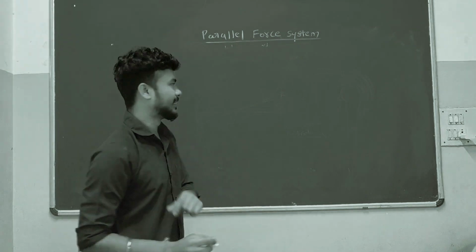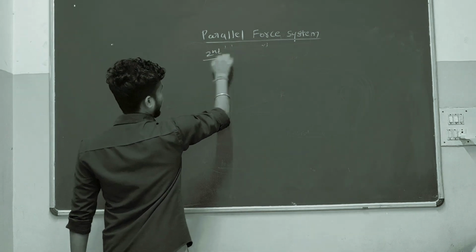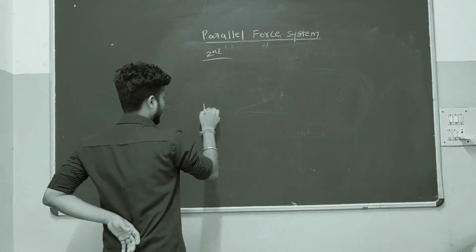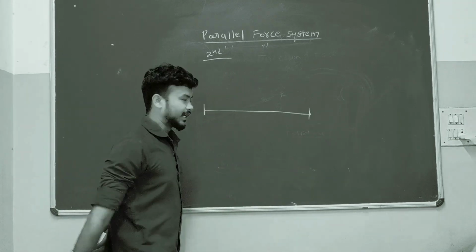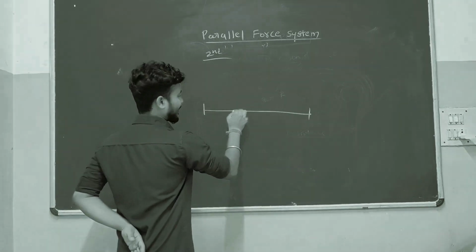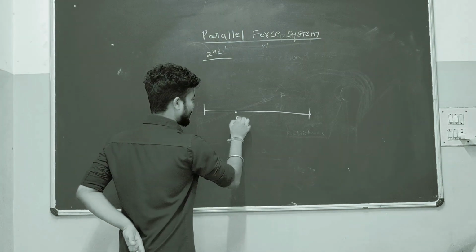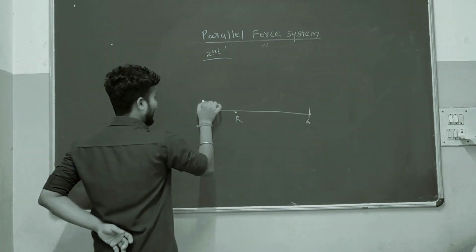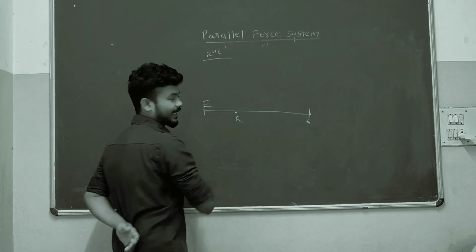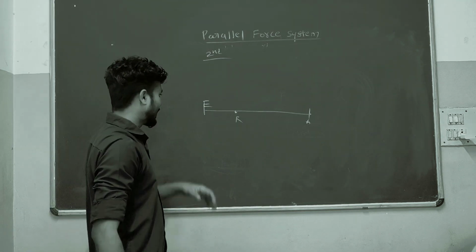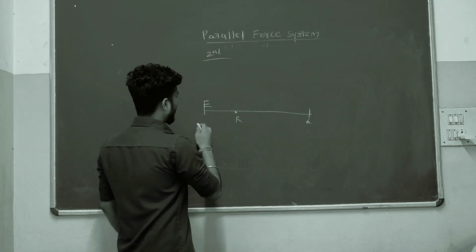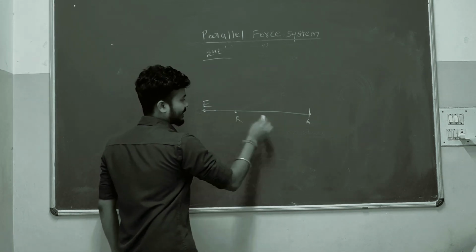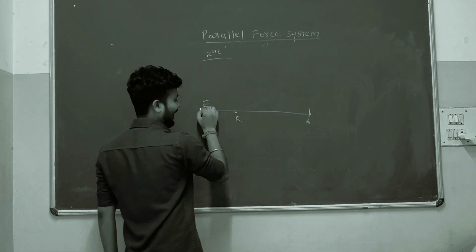Now the second order lever. Suppose this is our lever. Here the resistance will be in the center. This is our axis, this is our effort. So here the distance between axis and effort is more.